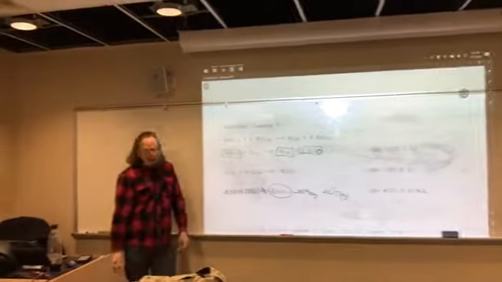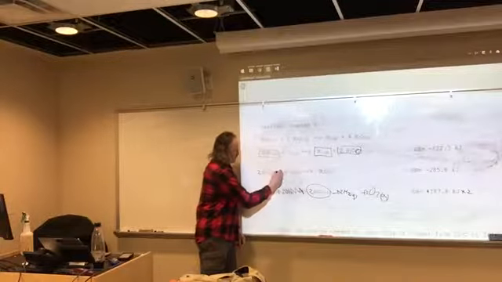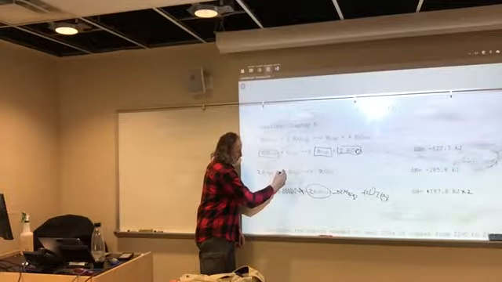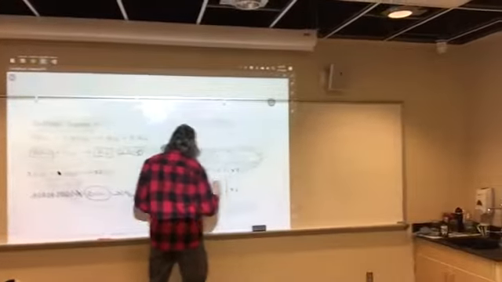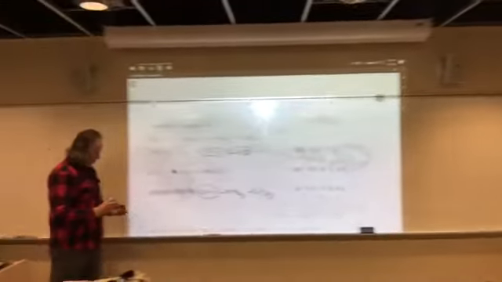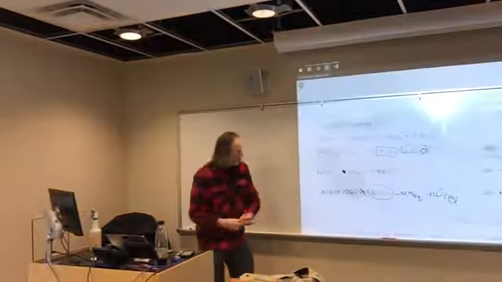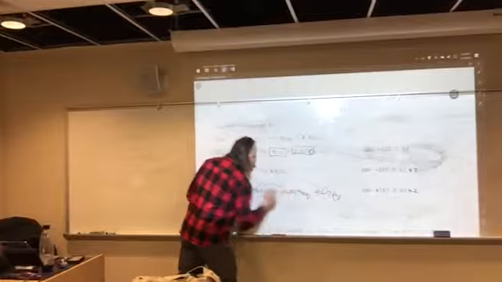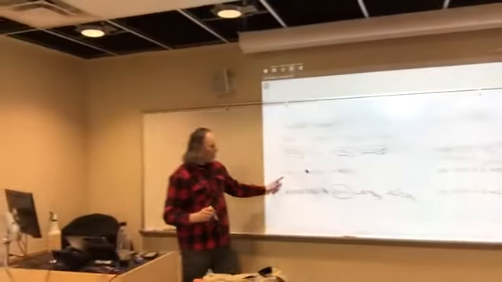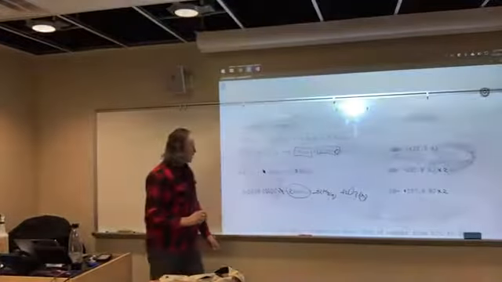You multiply that equation. If I multiply this equation by 2, then I can cancel out these 2 hydrogens with those 2 hydrogens, since this is a reactant and that's a product. What else can I do?